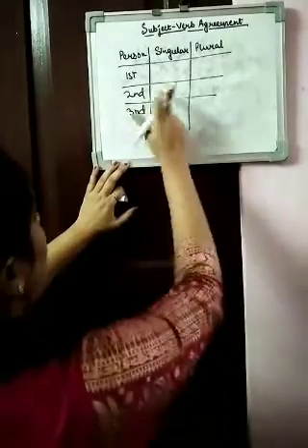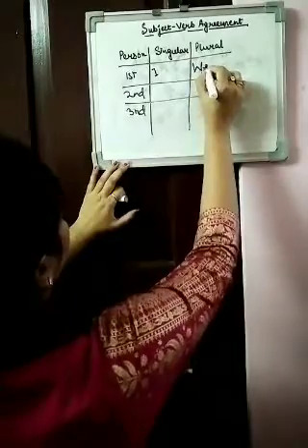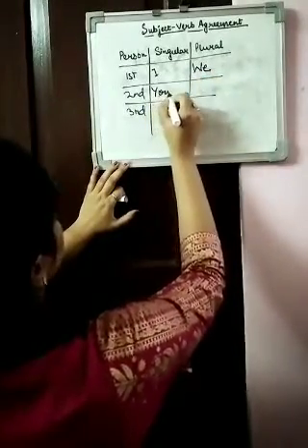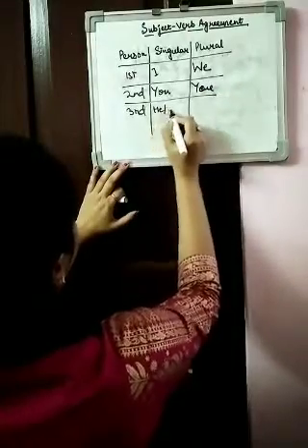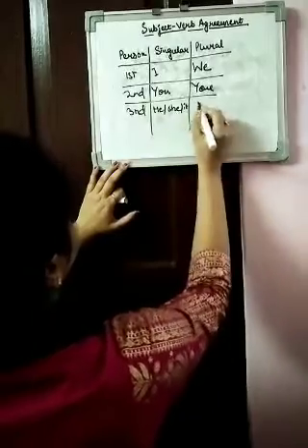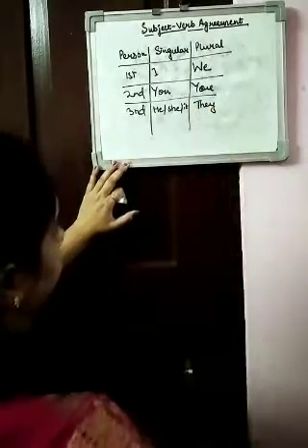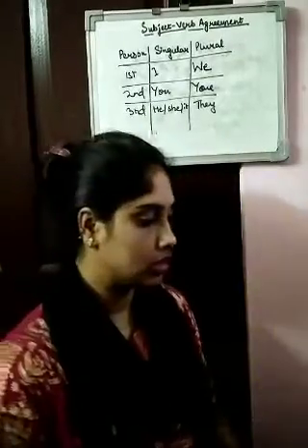So first person singular is I, plural is we, this is you, this is also you, he, she, it, and here it should be they. Now these are all our subjects. Okay, these are all the subjects.